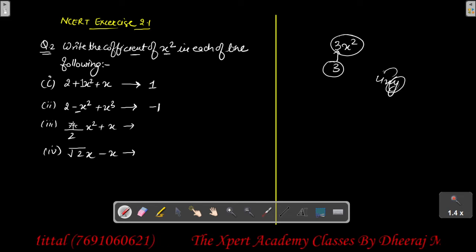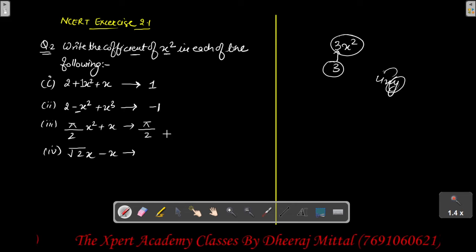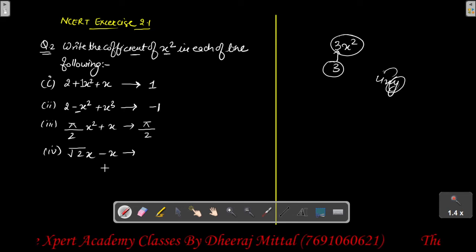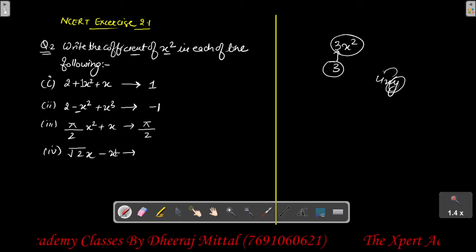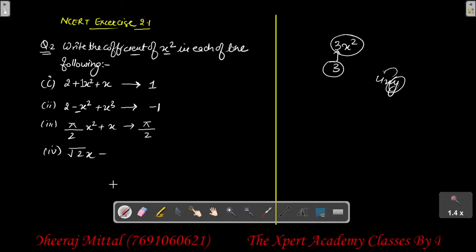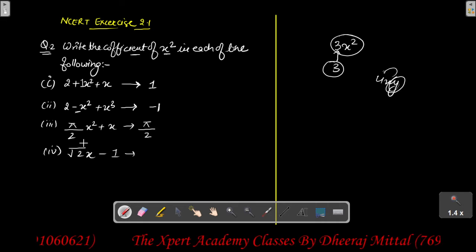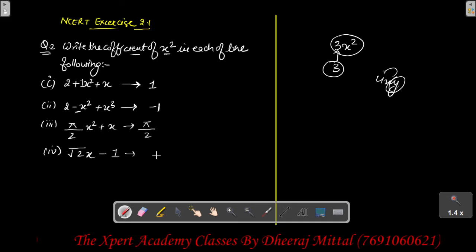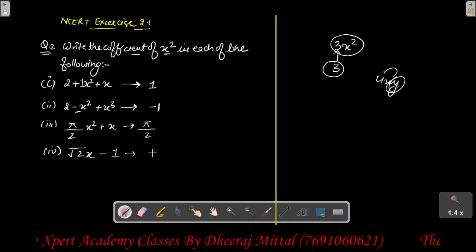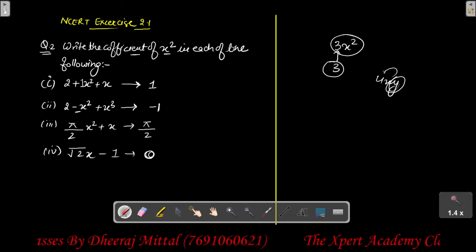In the third part the coefficient of x square is pi divided by 2, and in the fourth part, sorry, it is root 2x minus 1. Here no x square is there, so we will assume the coefficient of x square is 0.